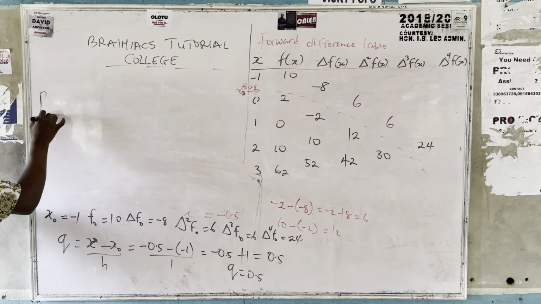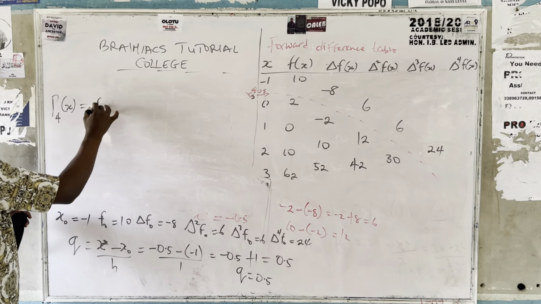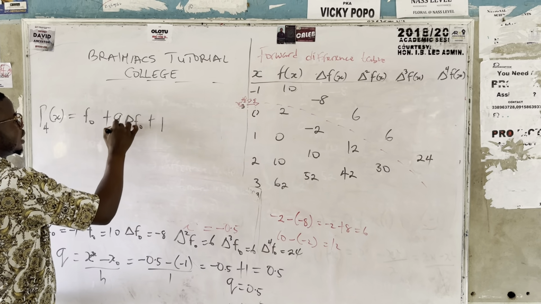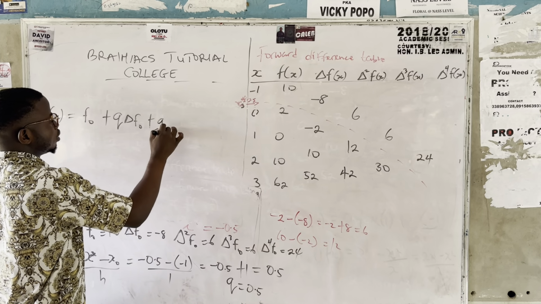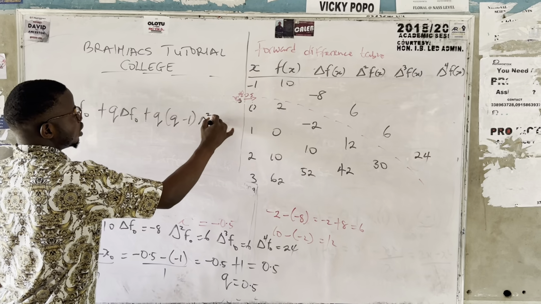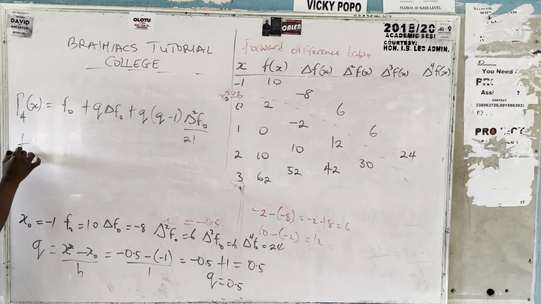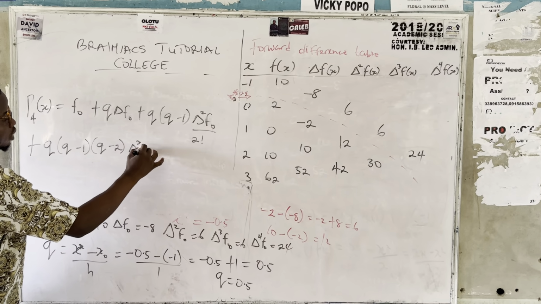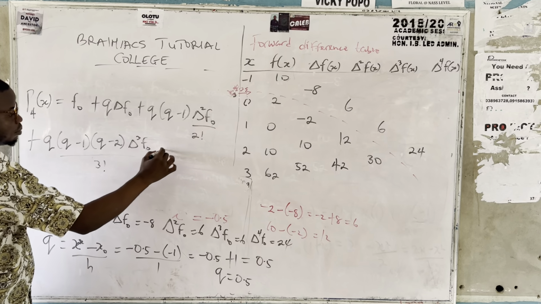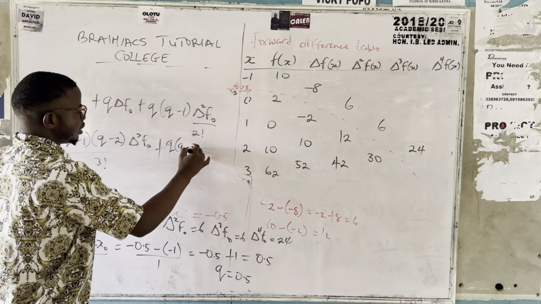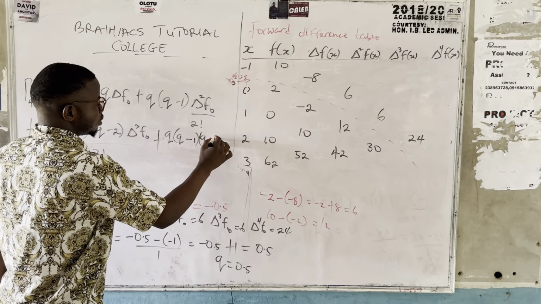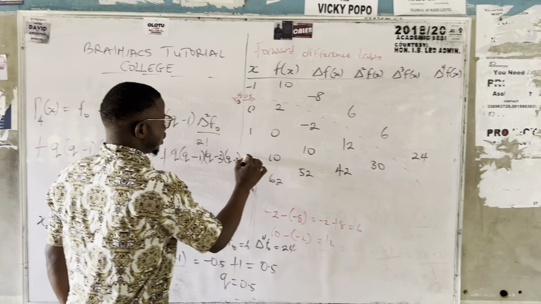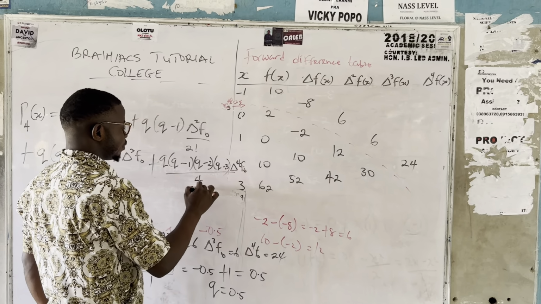So I need to have P4 of X. That will be F naught plus, oh sorry, we are using Q, that's Q delta F naught plus Q into Q minus 1 delta square F naught over 2 factorial, then plus Q into Q minus 1, then we have Q minus 2, delta raised by 3 F naught, over 3 factorial, plus the last one will now be Q into Q minus 1, Q minus 2, Q minus 3, then delta raised by 4 F naught, everything over 4 factorial.